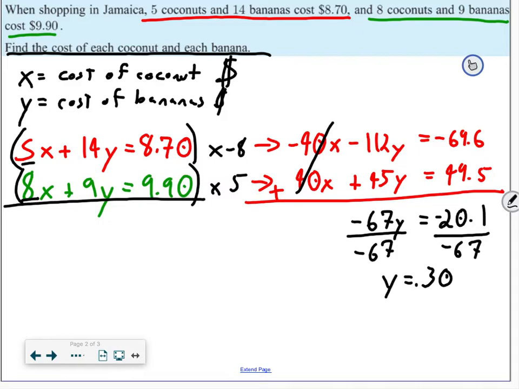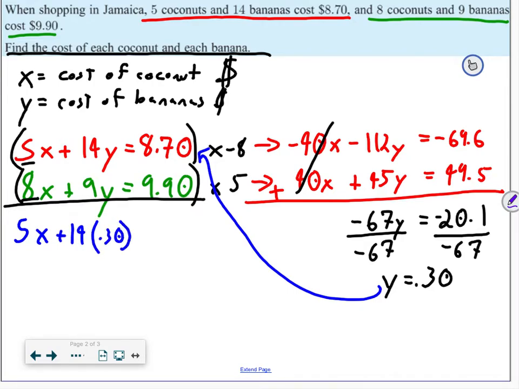Now that I have y, I can backwards solve. So let's just say I plug it back into my first equation. I'm going to have 5x plus 14 times 30 cents equals 8.70. So I now know that 14 times my 30 cents is going to be 4.20, equals 8.70.